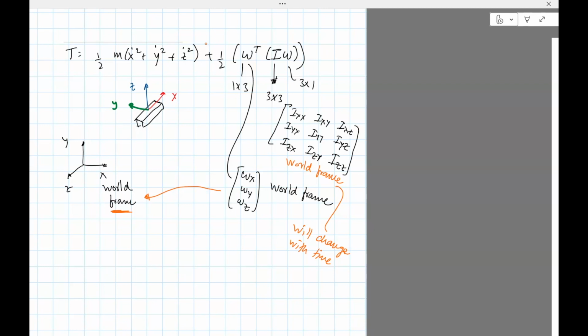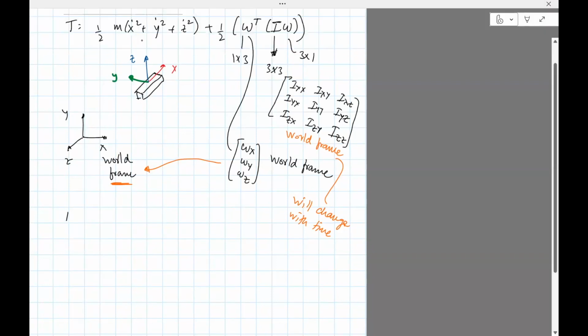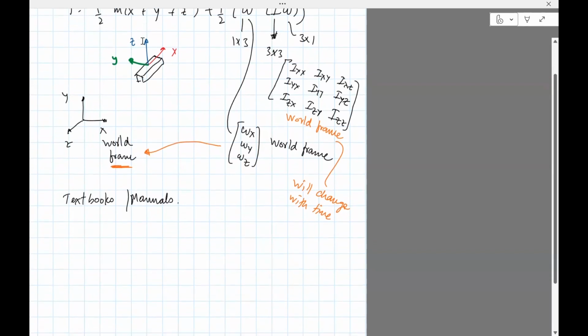So it's a lot of work to keep track of the angular velocity as the object rotates. There will be a rotation matrix involved and you transform. If you look at textbooks or manuals which list the angular velocity, they'll always list the angular velocity in the body frame.